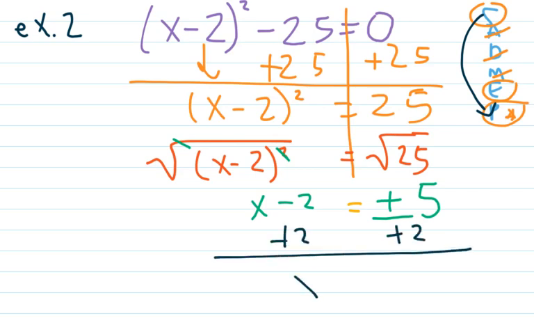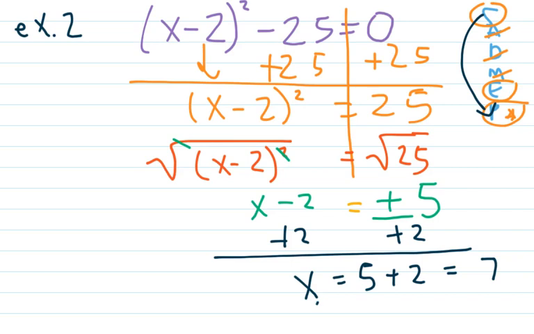Now you're like, Ms. Meekins, how are you going to add 2 to plus or minus 5? That doesn't make sense. Well, you're now going to have 2 options. You're going to have 2 possible answers, just like we did in the previous example. We had x equals the square root of 67 and x equals the negative version of the square root of 67. So here I have positive 5 plus 2, which equals 7.